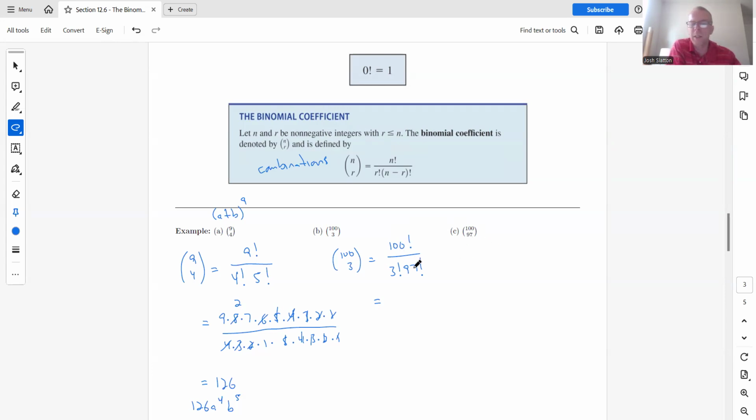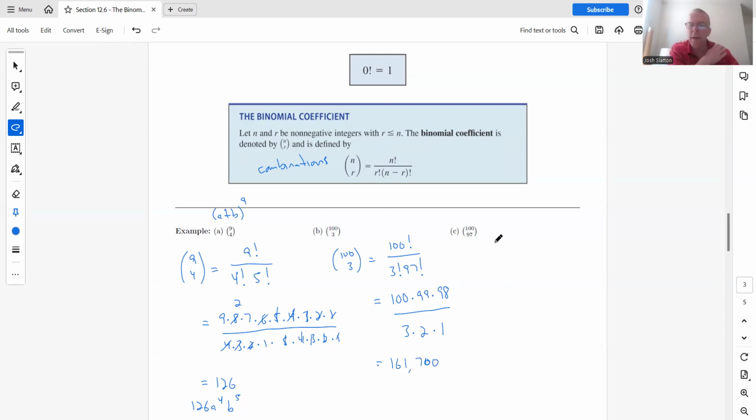So really, these two will cancel, and all you're left with is 100 times 99 times 98. And then the rest, 97 times 96 on down, will cancel with the 97 factorial. And then on bottom, you have 3 times 2 times 1. And we'll just multiply these out. We won't worry about canceling anymore. And we get 161,700.